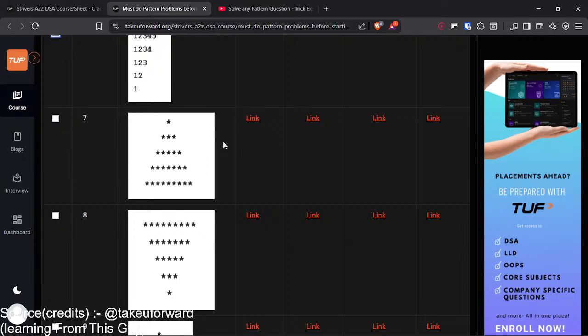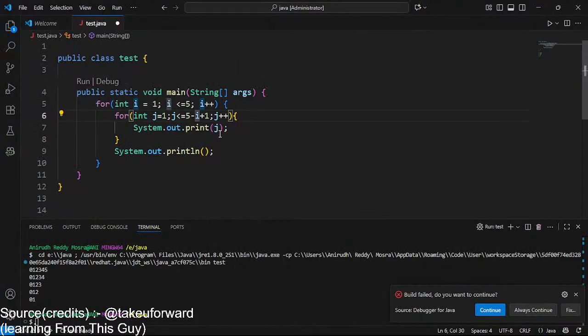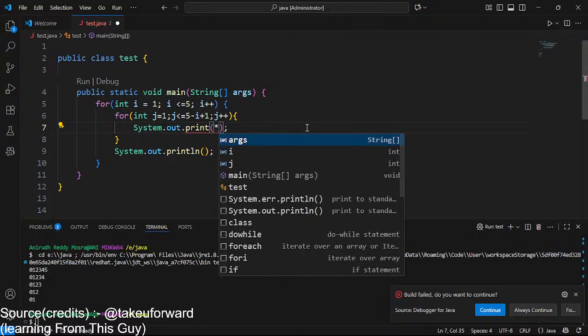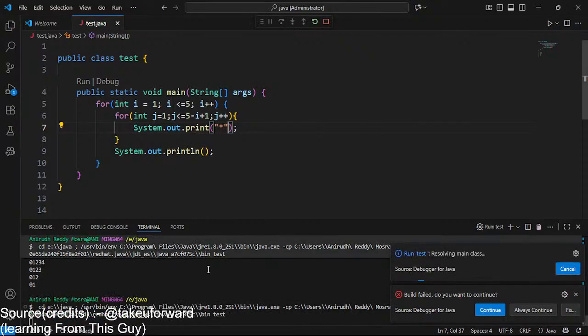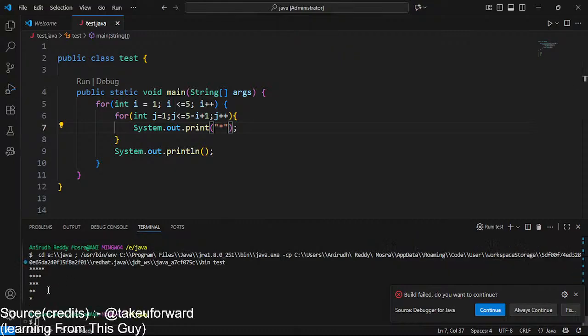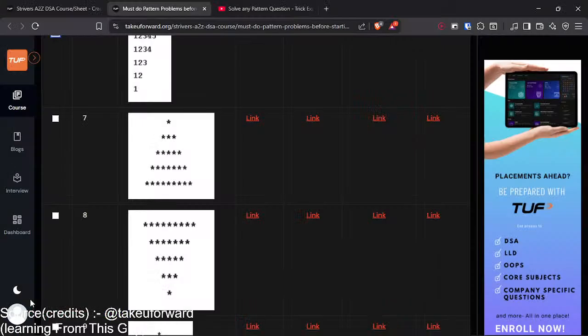So need to print this thing. So it's like 1, 2, 3, 4, 5.